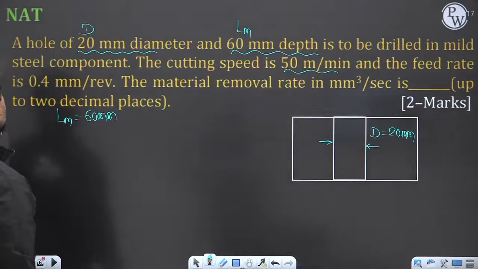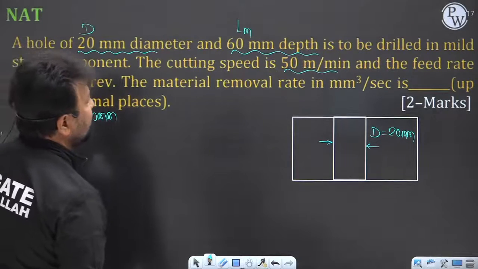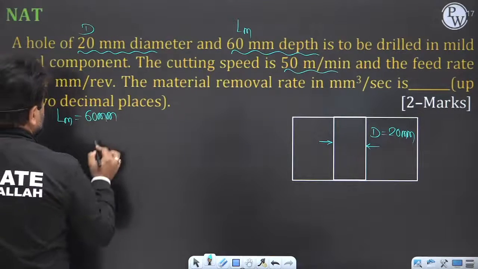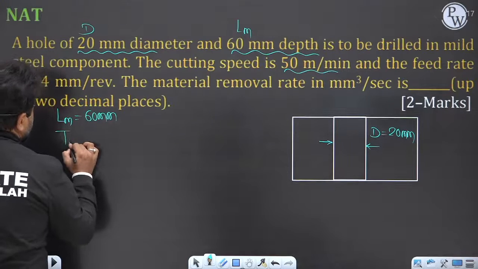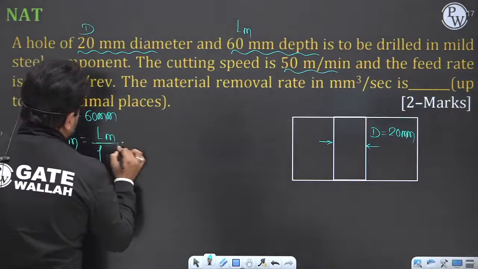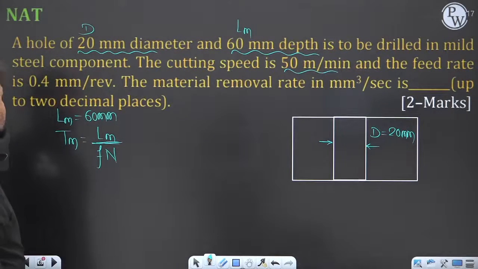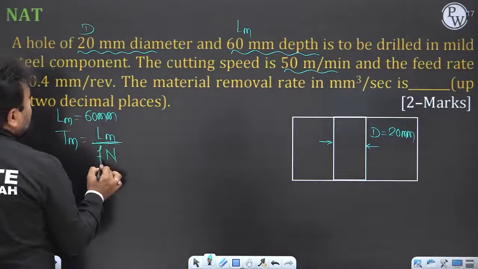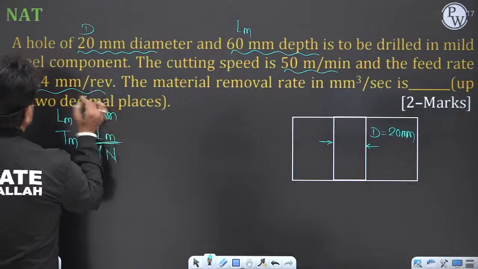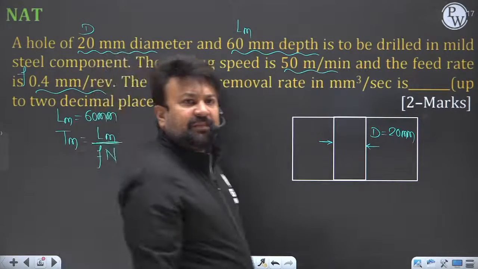The cutting speed is given and the feed rate is that much. Now the machining time is very simple. Machining time is machining length divided by f into n. So you have the machining length and you have the feed also. What do you mean by the RPM?